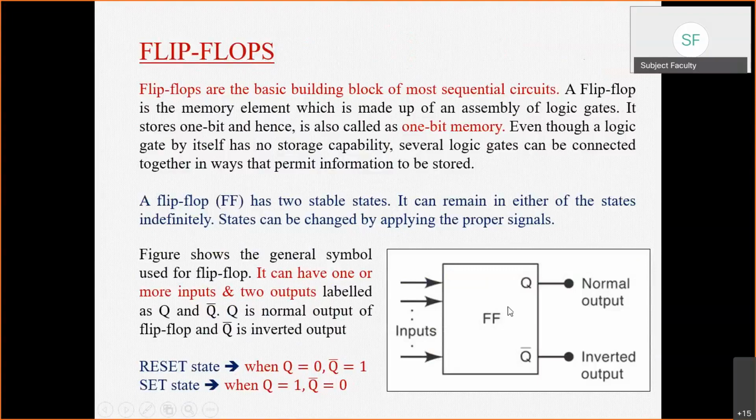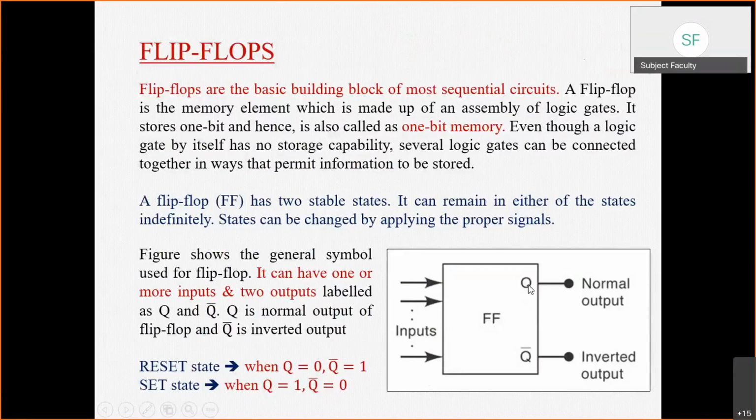You can observe here, this is the block diagram of any flip-flop. Any flip-flop will have a number of inputs. In most cases, we use either one input or two inputs, but it can have multiple inputs. But outputs are fixed, and there are two outputs.